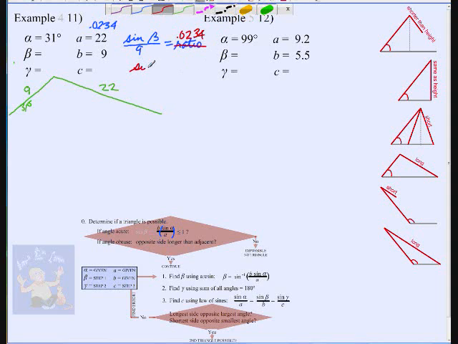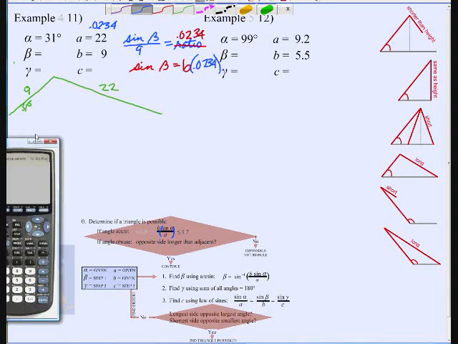So sine of beta equals B times 0.0234, the length of the opposite side times the ratio.